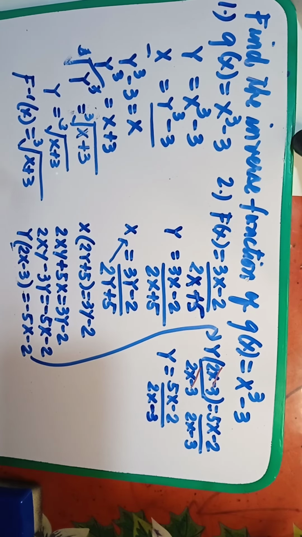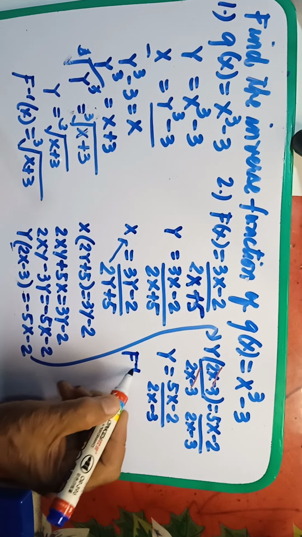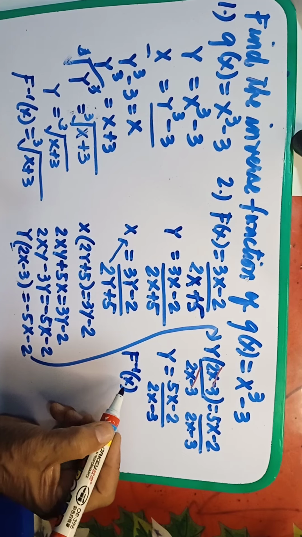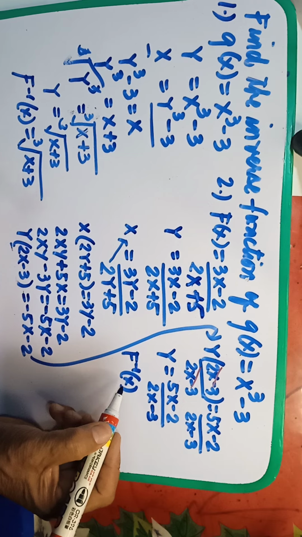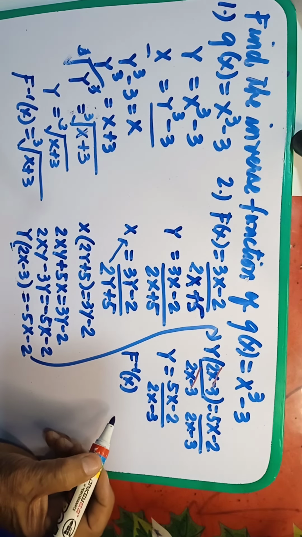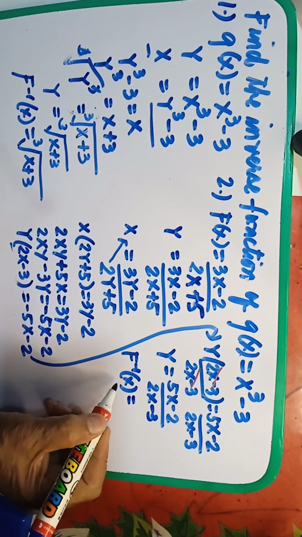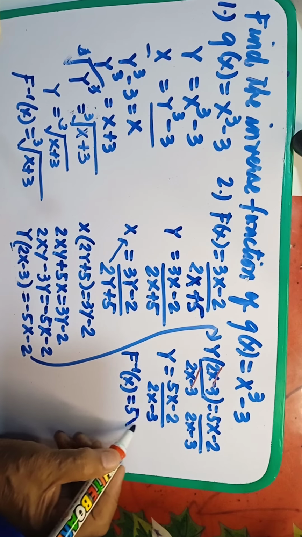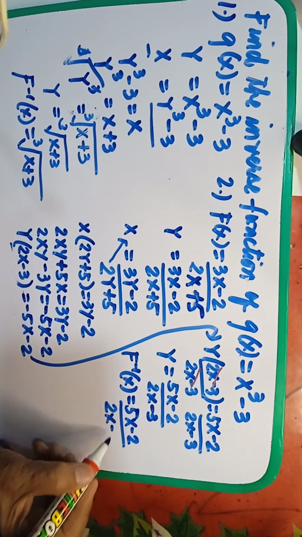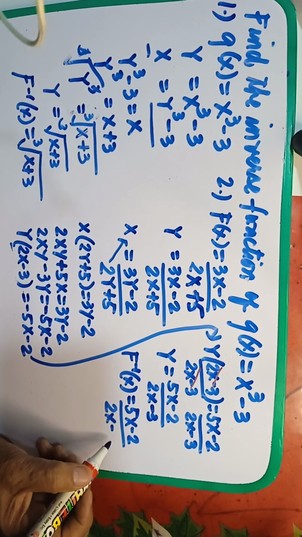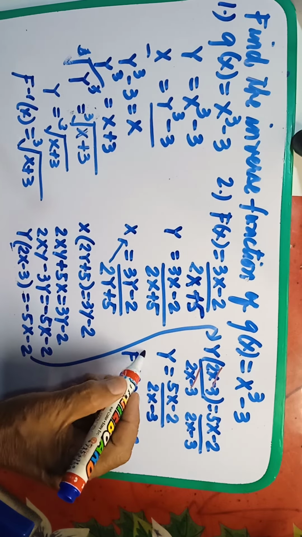And that is already the inverse of the function 3x minus 2 over 2x plus 5. So we have the inverse function of x equals 5x minus 2 over 2x minus 3.